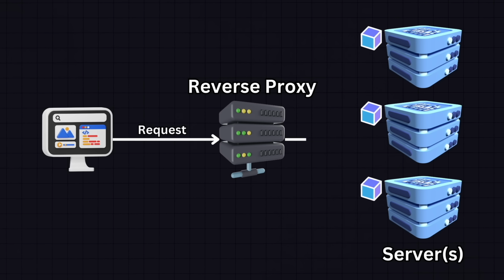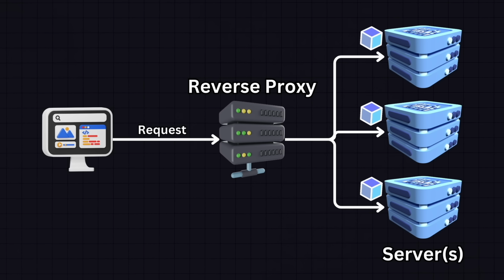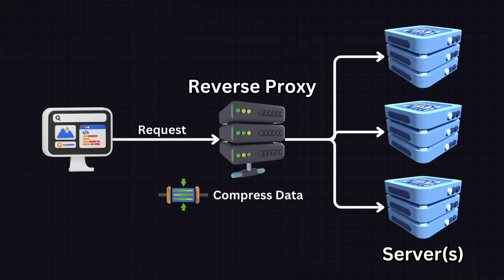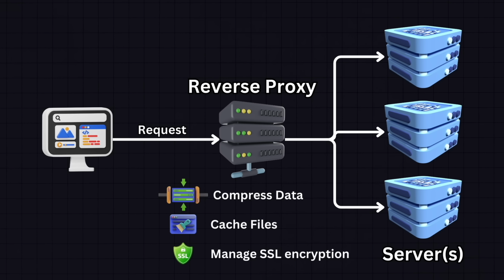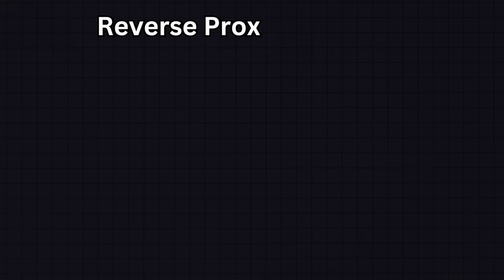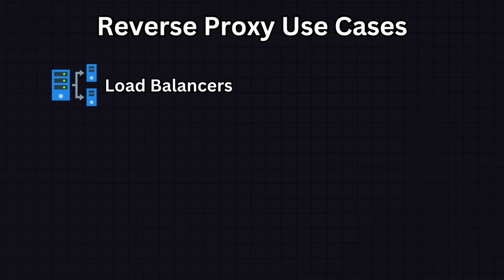It also distributes client requests across multiple servers, balancing load and ensuring no single server becomes overwhelmed. Reverse proxy can also compress inbound and outbound data, cache files, and manage SSL encryption, thereby speeding up load time and reducing server load.